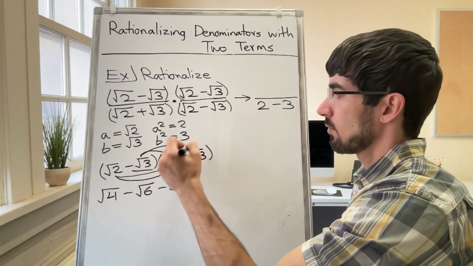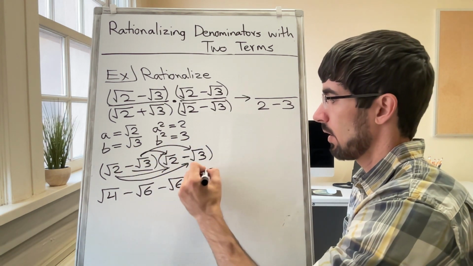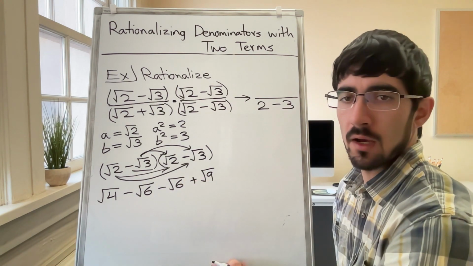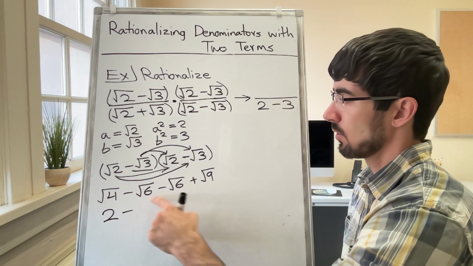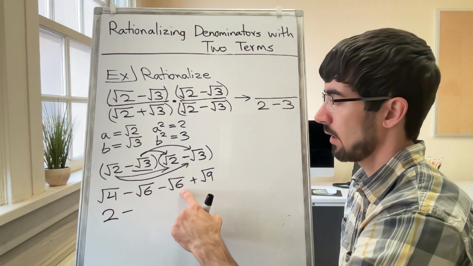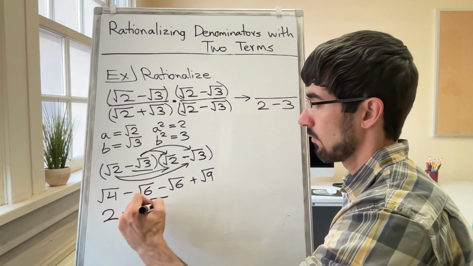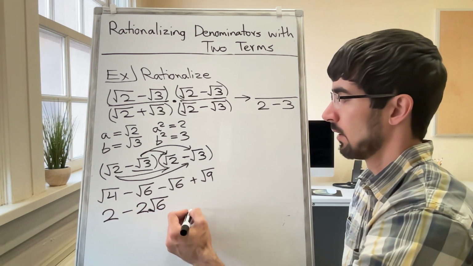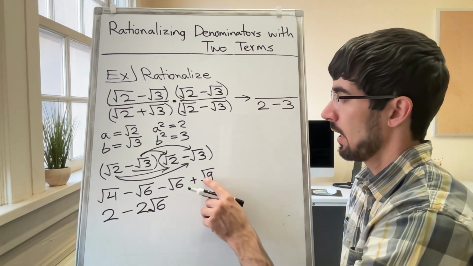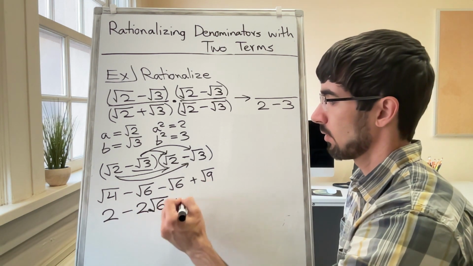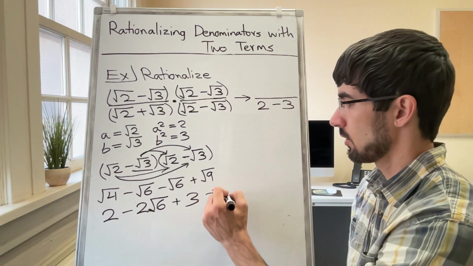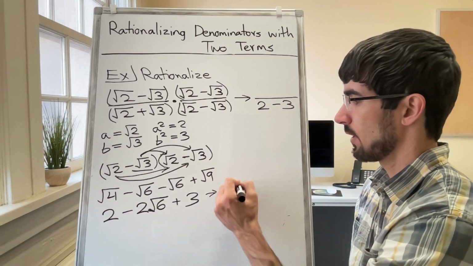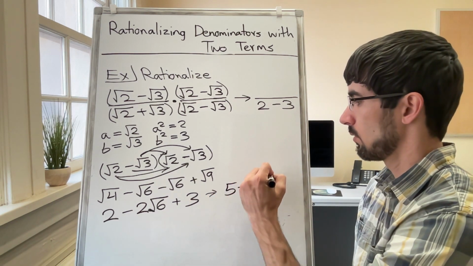And then I have minus root 3 times minus root 3, so that's positive root 9. Now, square root of 4 is 2, and we get some common terms here. Negative root 6 and another negative root 6 gives me negative 2 root 6, combining coefficients. And the square root of 9 is 3. So this final result here should be 2 plus 3, which is 5, minus 2 root 6.